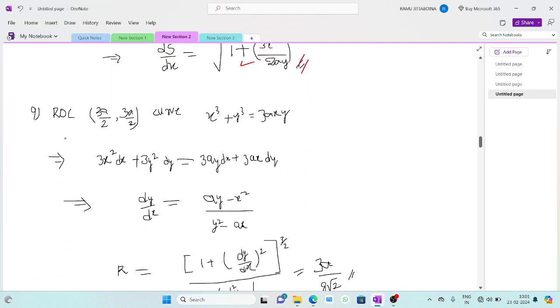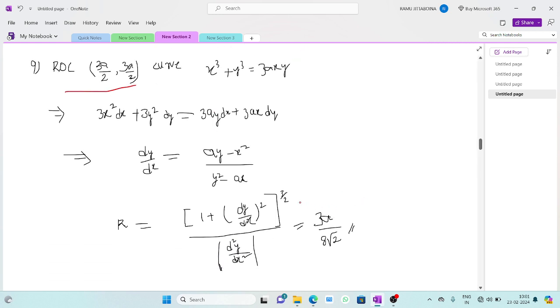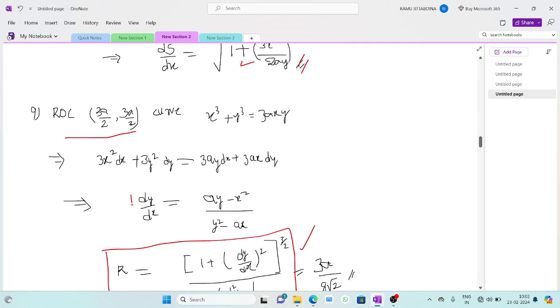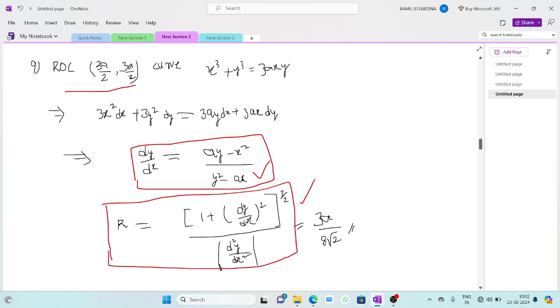The radius of curvature is being asked at a point. Whenever he is asking at a point, we have to use this formula. This is how to proceed. You just differentiate the given function once, so you will get dy by dx as y minus x square divided by y square minus ax. Similarly, you can differentiate again and you get d square y by dx square.